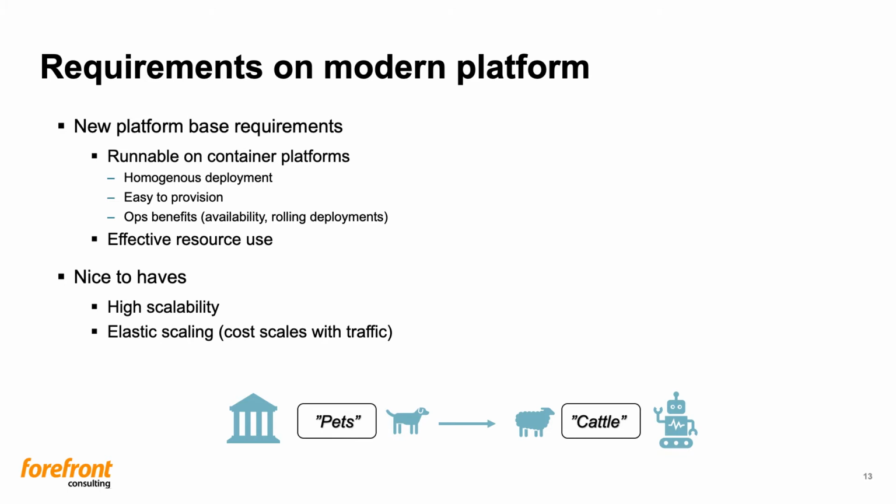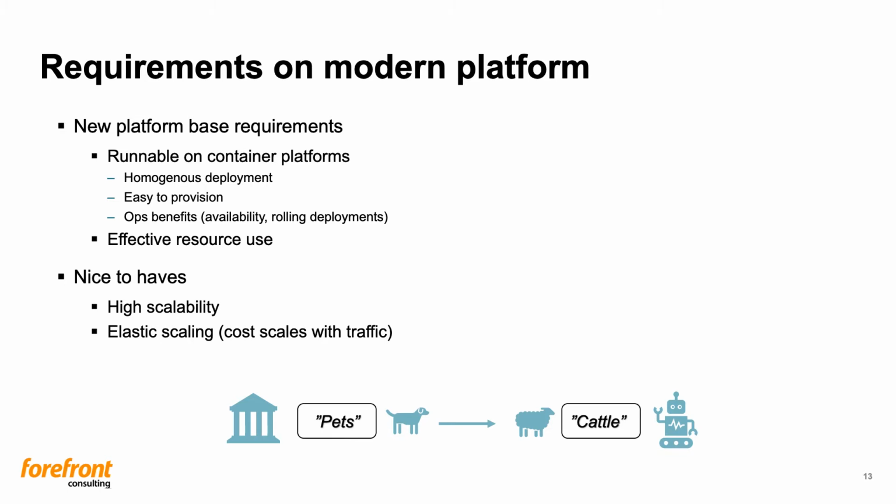You can also get some quite nice benefits with effective resource use, where you have your container orchestrator that distributes your loads across a set of hardware. So those are some key base requirements. But then, depending on your organization, you probably have a lot of other requirements, like it should integrate with this and this system, it should run with this build pipeline.